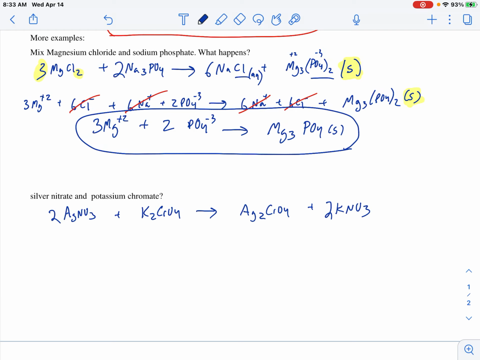Okay, so pause here, look up your solubility rules, determine which one of these is soluble or insoluble.